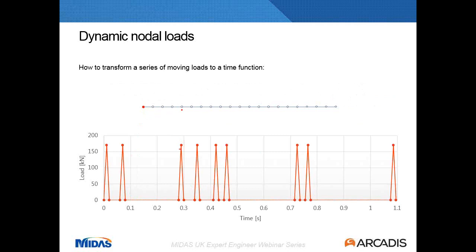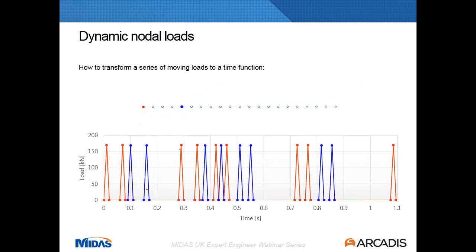What happens if you want to extract the time function for another node? Well, the time function is exactly the same, but with a delay compared with the first time function. This delay is just the time that it takes the train to get from the first node in the bridge to the blue node.